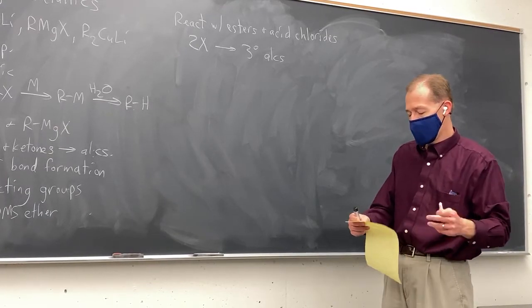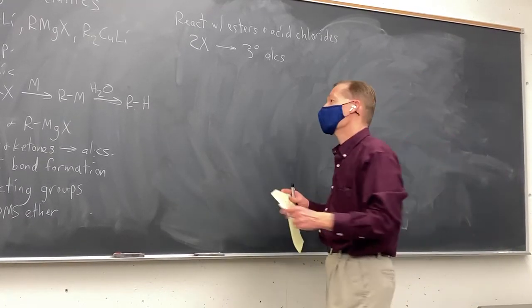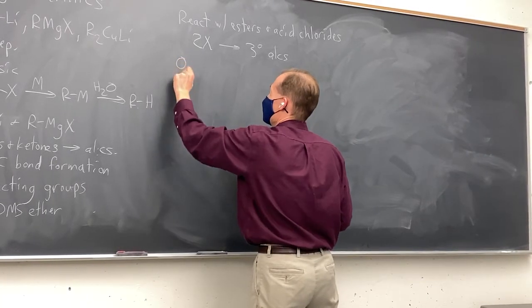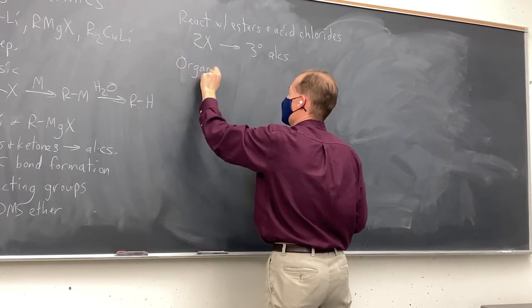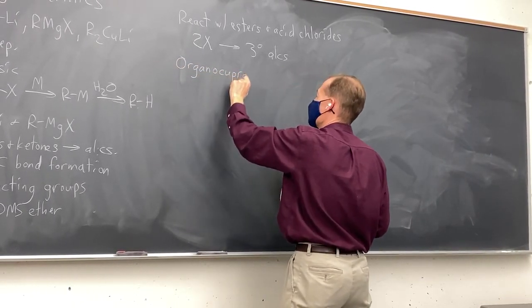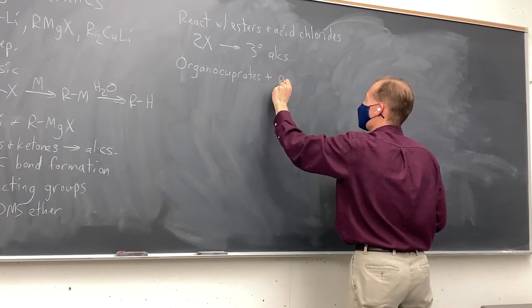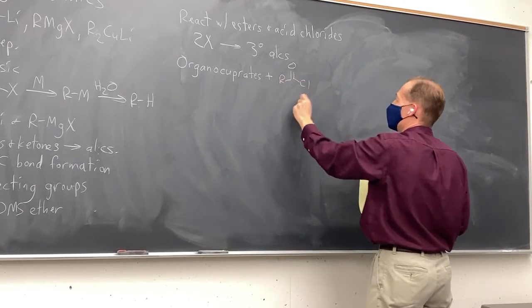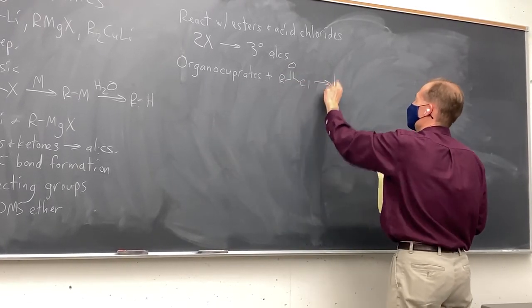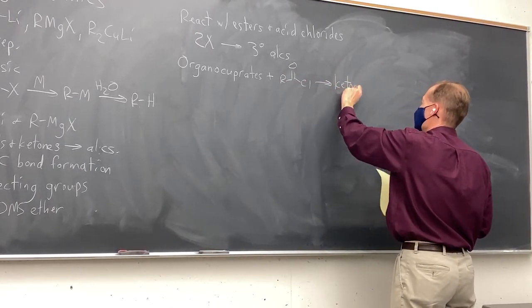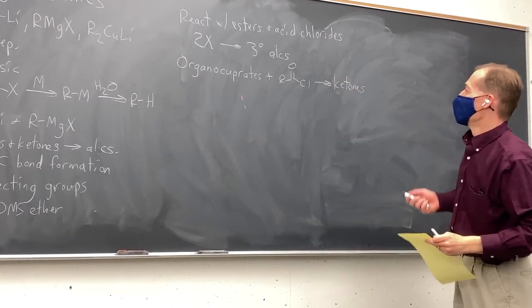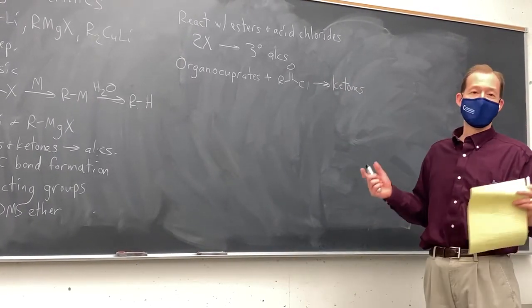But we do have a way of making ketones from acid chlorides. And that's using our organocuprates. So the next thing we learned was that organocuprates plus acid chlorides, which I'll draw out like that, gives ketones. This reaction follows a different mechanism.